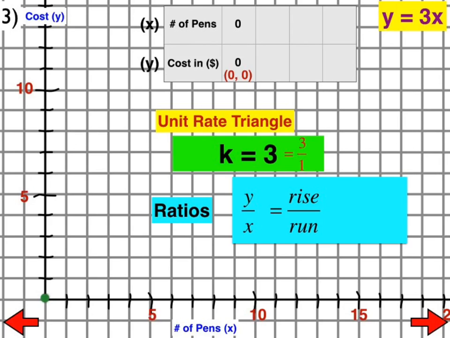You're going to find out this is referred to as something called slope next year. And you should still be writing this stuff down. And we're going to take our 3 over 1. And what this is going to tell us is that we need to rise 3 and we need to run 1.